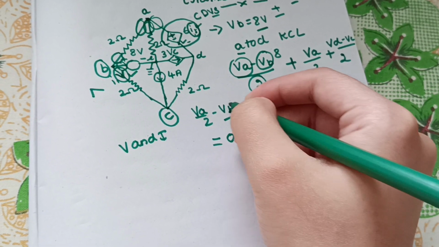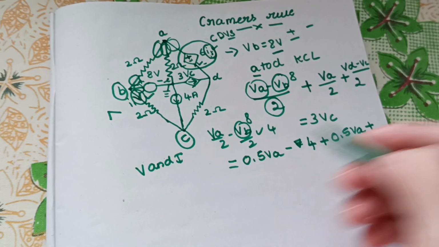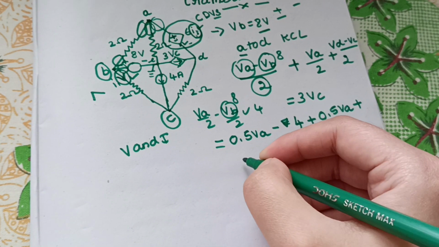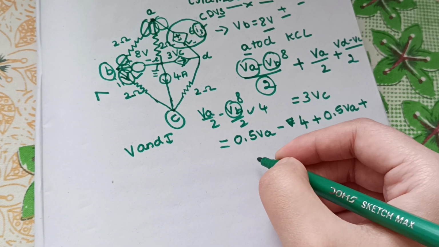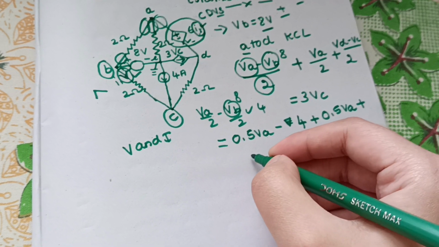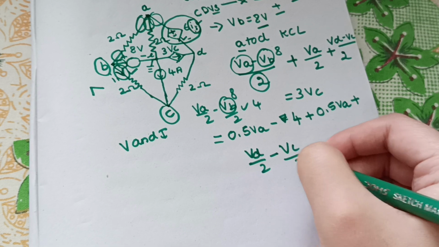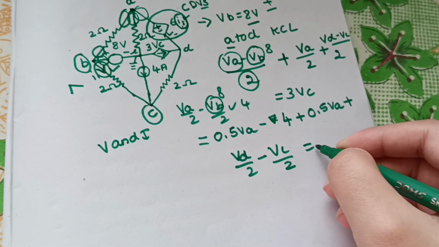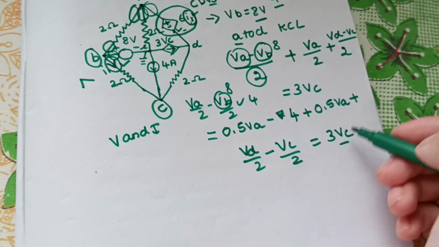So this is 4 because this is 8, as you all know, and this is Va by 2, 0.5. Plus Vd by 2 minus Vc by 2. Let me write it like that only. So I get my resultant as 3 Vc here. That is the current, whatever here we are going to equate.